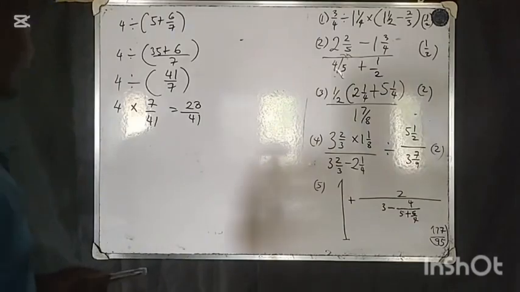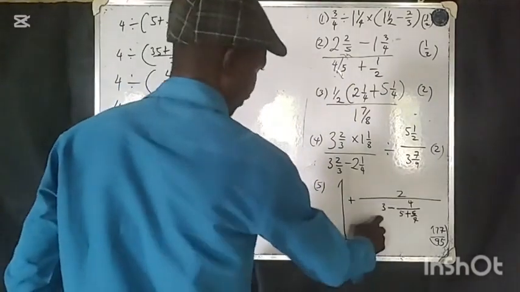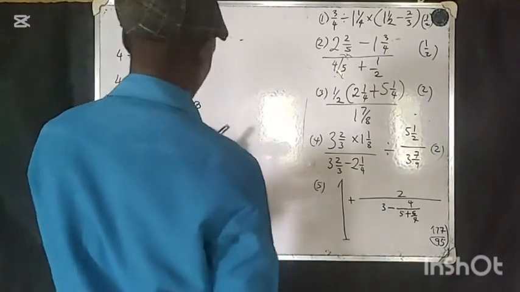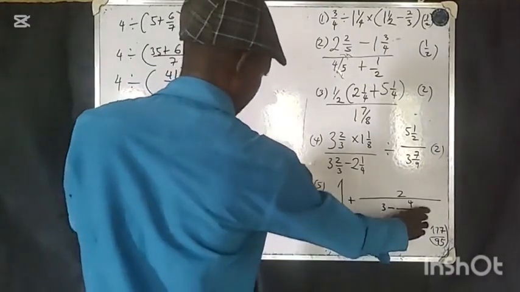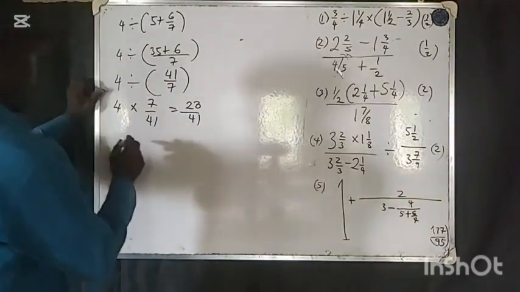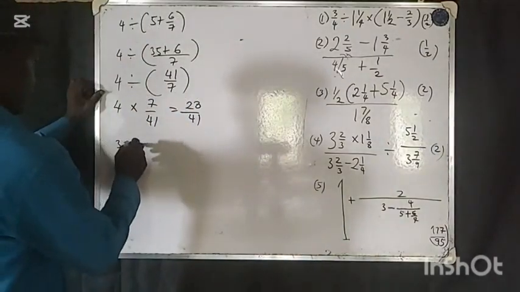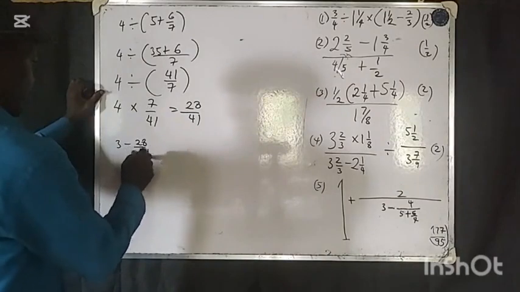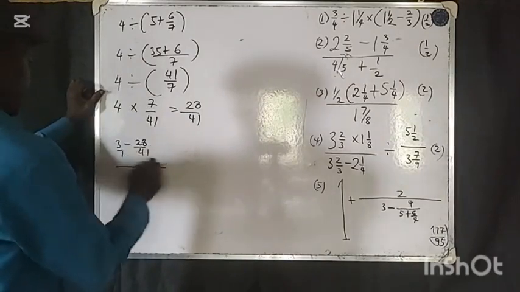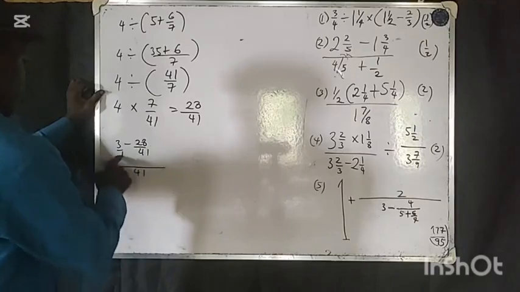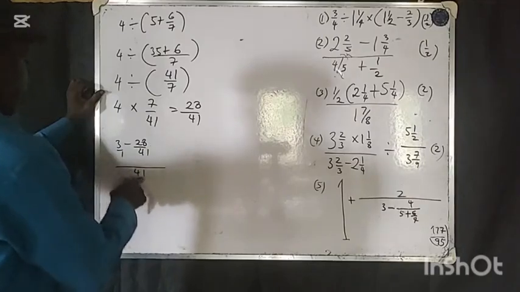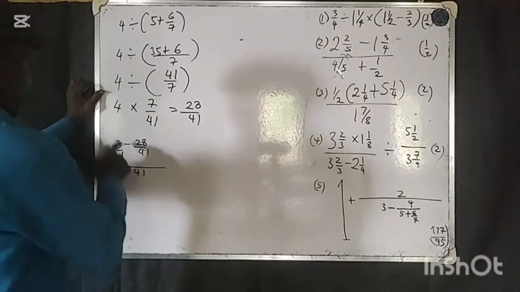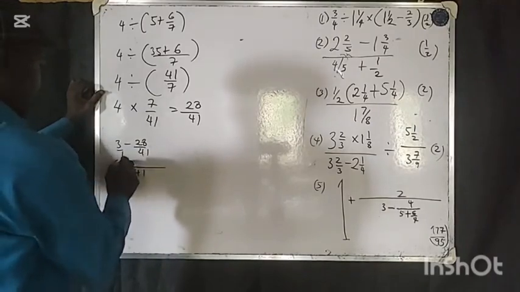That is after we have applied the 4 divided by this. Then we have 3 minus 28 over 41. 3 minus everything here. Let's put 1 here. LCM again will be 41. 1 goes in 41, 41. 41 times 3, 3 times 1 is 3.